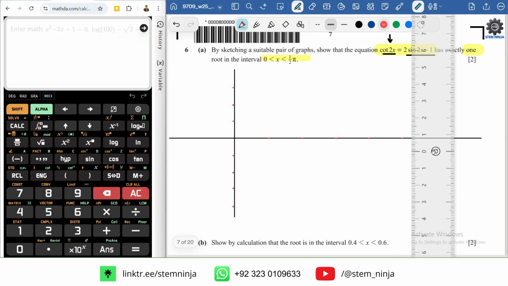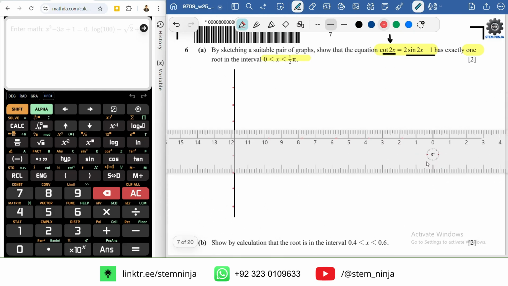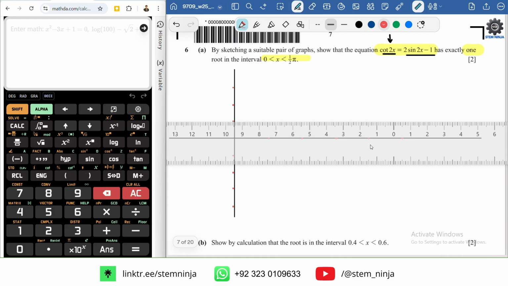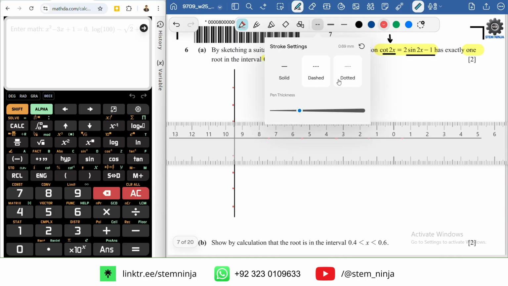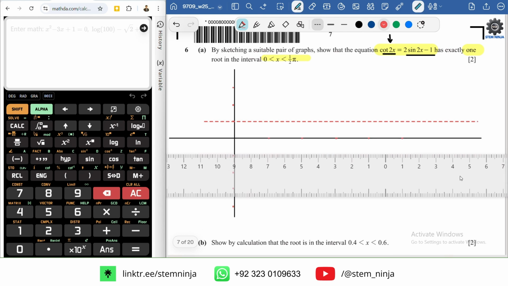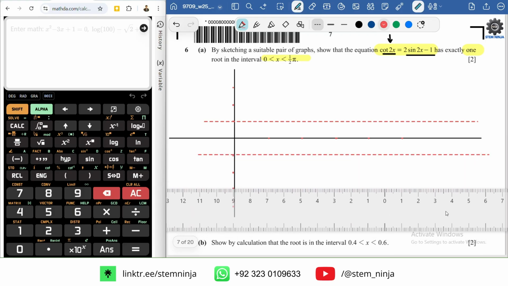Now, where do we need the asymptotes? Oh, sorry, just the grid lines, just for guidance lines basically. So at 1, a little thinner, at minus 1, and at 3.